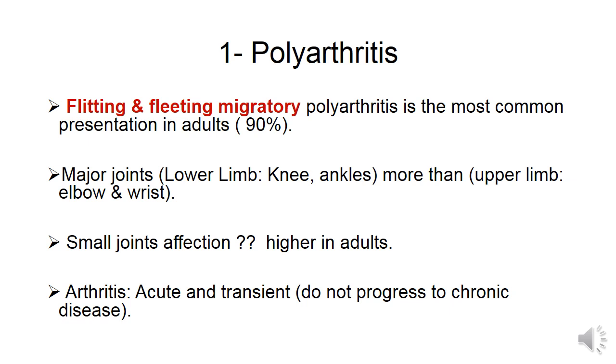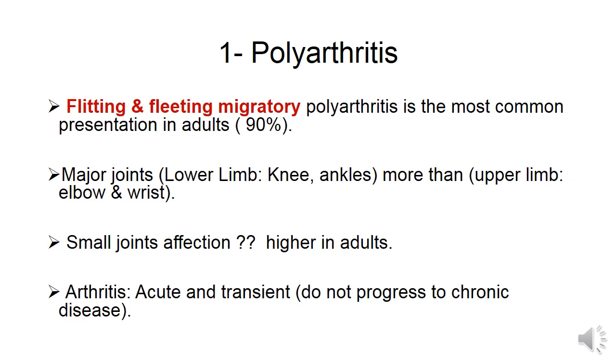The most common presentation in adults, in about 90% of all cases, is polyarthritis. It's very transient, like a spark, a flash, migratory, and it goes away easily.